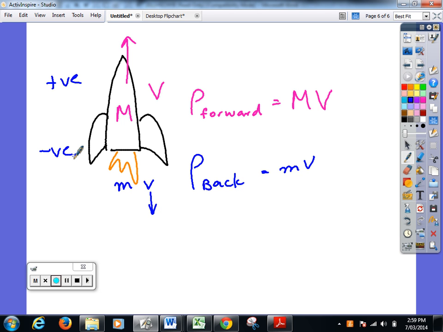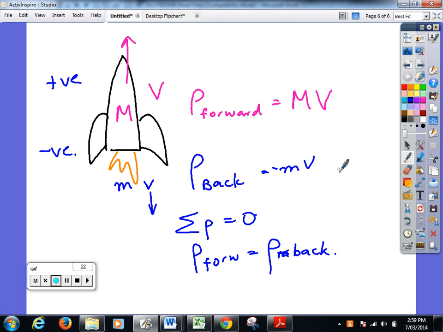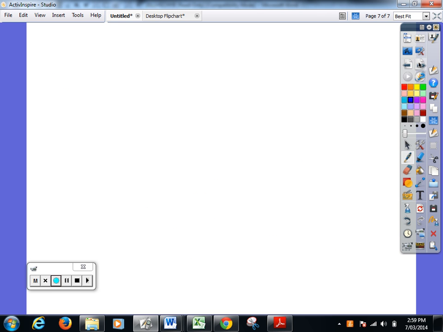So they would have to be summing to 0. The sum of all of the momentums must equal 0. In other words, the forward momentum must equal the backward momentum. In other words, this plus the negative of that would sum to 0, because in a closed system, the sum of momentums would have to equal 0. So now we've got this situation that capital M capital V must equal little m little v.